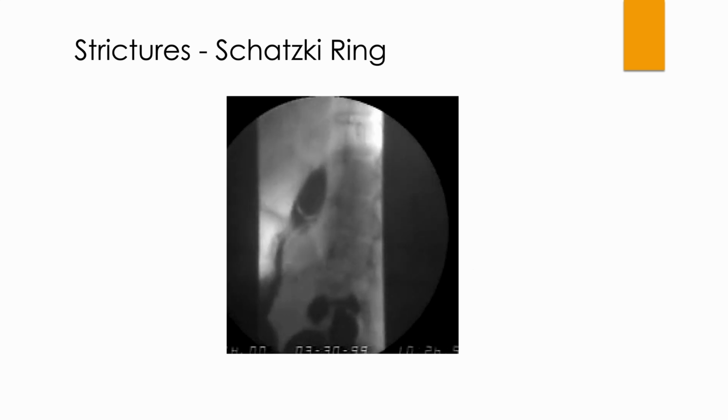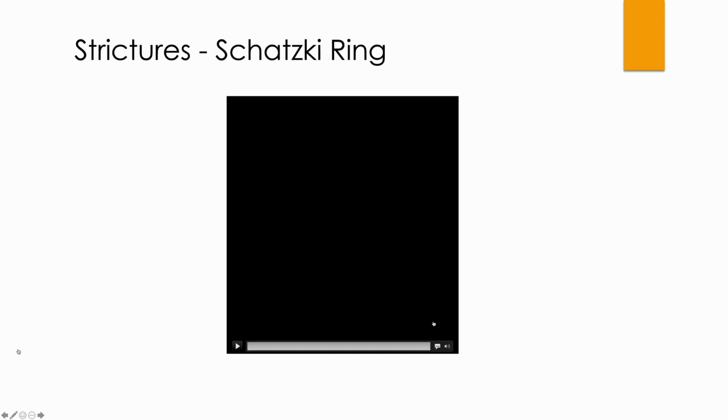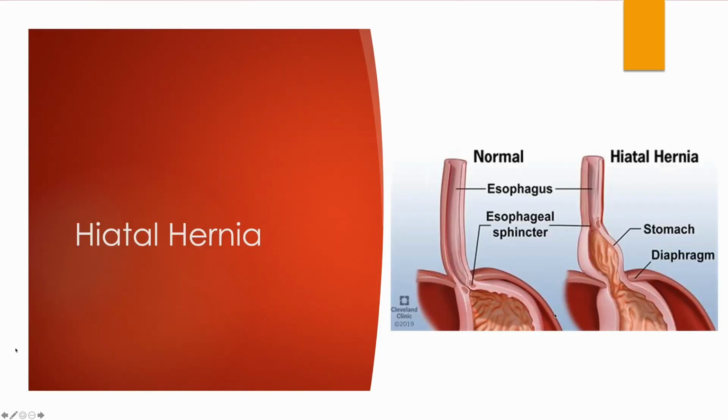Still waiting for it. Oh, there it is. Right there. Hopefully you can see it. It was at the distal esophagus, right? Because we said it's usually right by the lower esophageal sphincter. You can see that one circumferential narrowing.